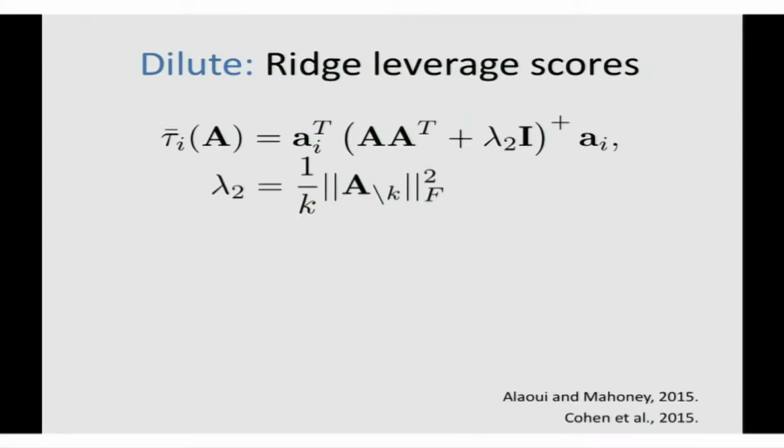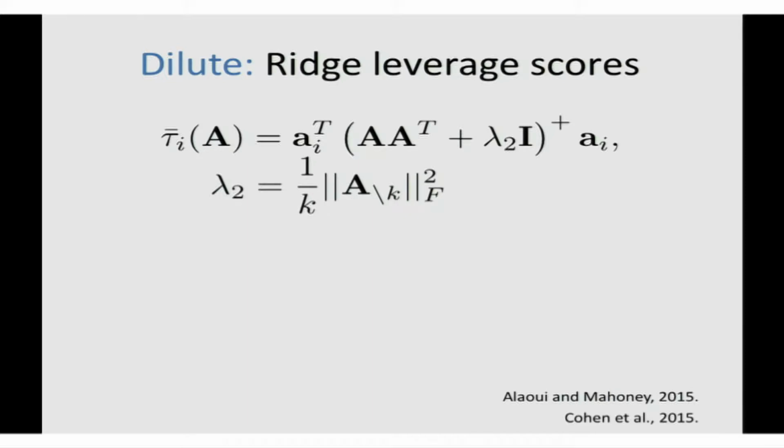But you could take the other tactic, which is that you could dilute your leverage scores instead of just omitting the direction. You could dilute the importance of the singular vectors with small leverage scores rather than omitting them entirely. The way that you do this is by adding a regularization parameter, lambda 2.